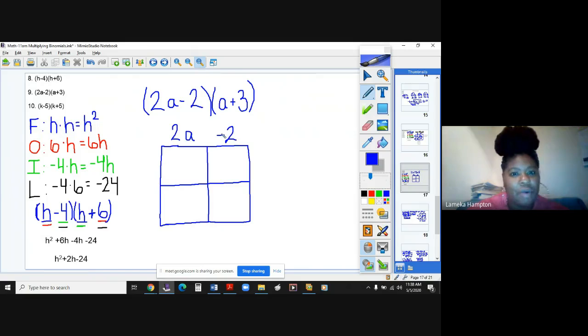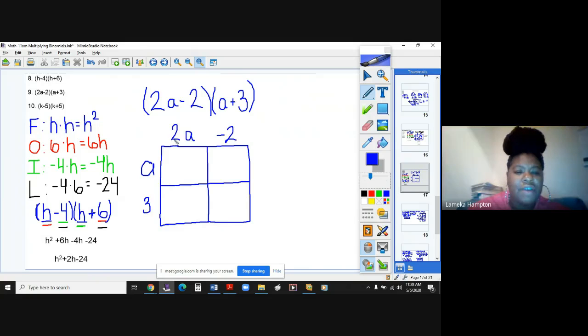That's not how that works. So I'm separating them, but I'm putting them in the same spot, if that makes any sense. So they're together, they're just separate. And then a plus 3, I'm going to put my a here, and I'm going to put my 3 here. And I'm now simply just going to multiply.